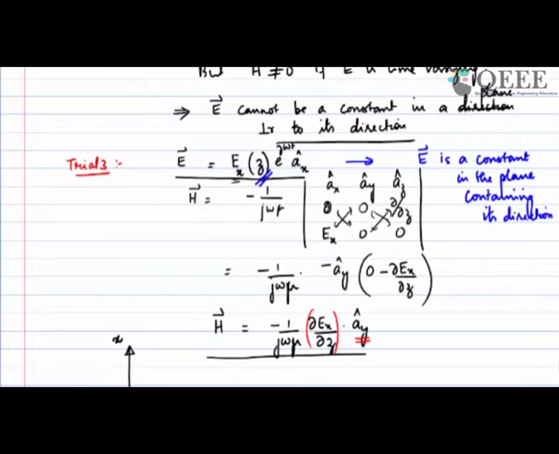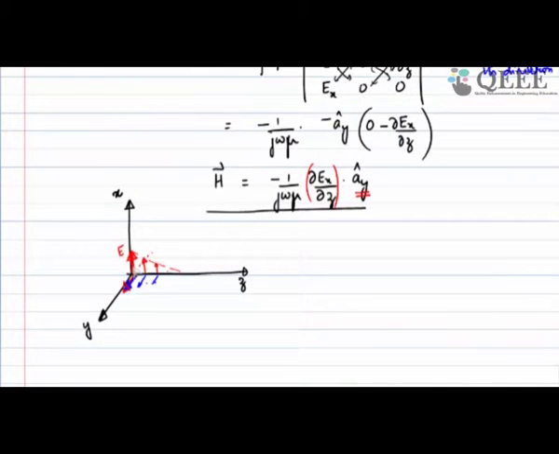In this case, its direction is along the x direction, and I'm assuming that when I move along the x direction, the magnitude of E remains the same. So when my y and z change, the magnitude changes, but as a function of x, the value of electric field here and the value of electric field here are identical.